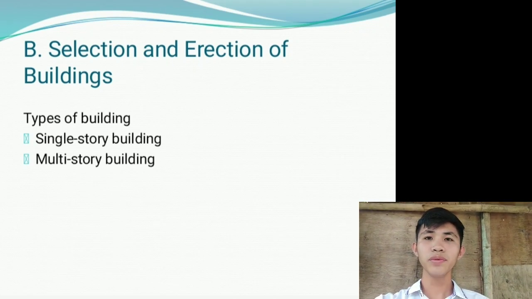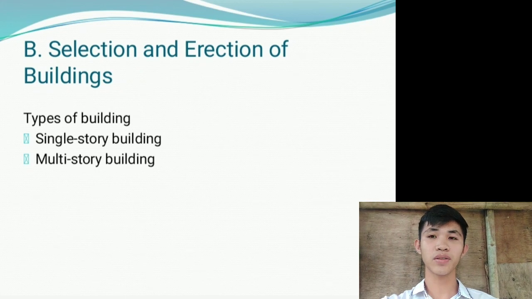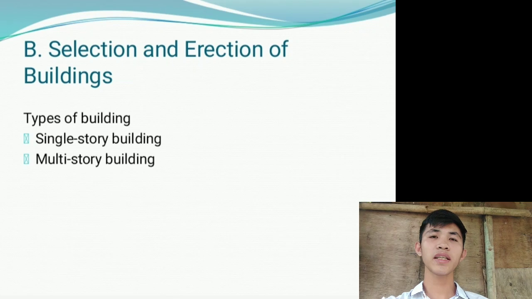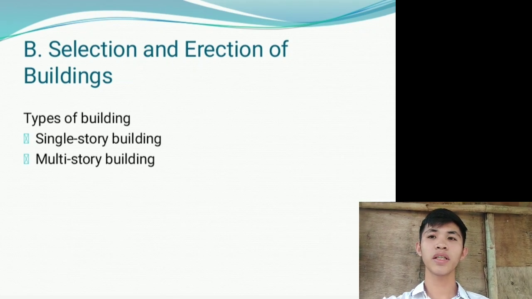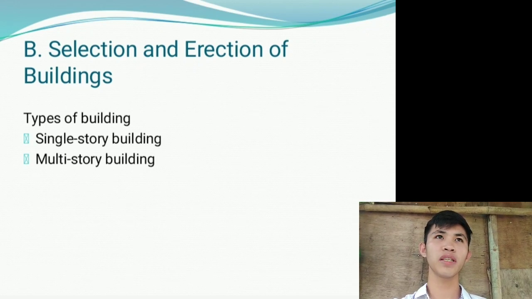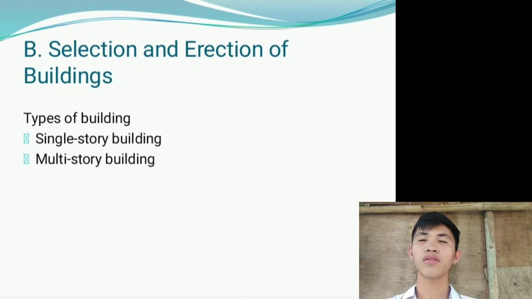So when we say the advantages of a one story building, number one, of course, the cost is small. Next, the maintenance is not high. And in a one story building, you cannot purchase many equipment or something like that because your space is small.